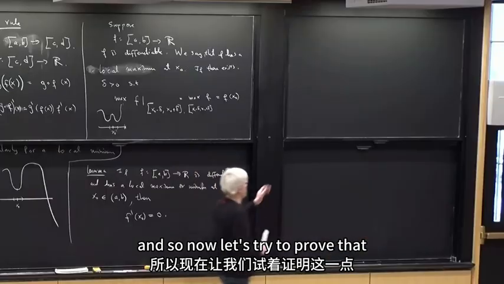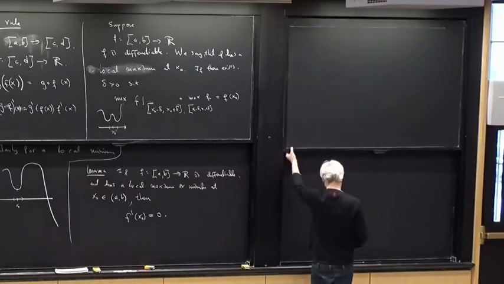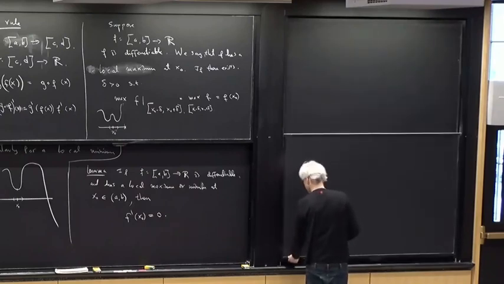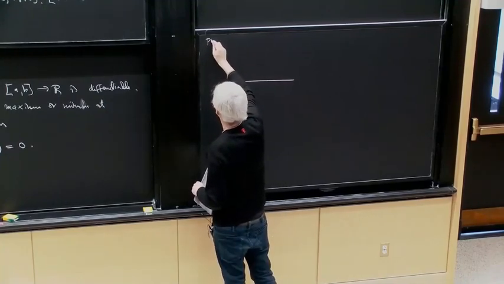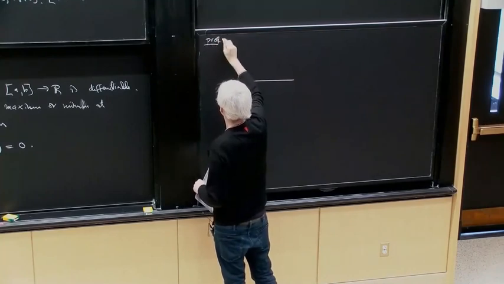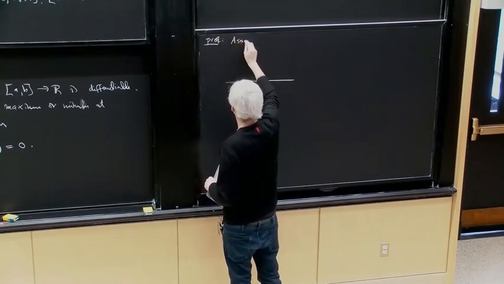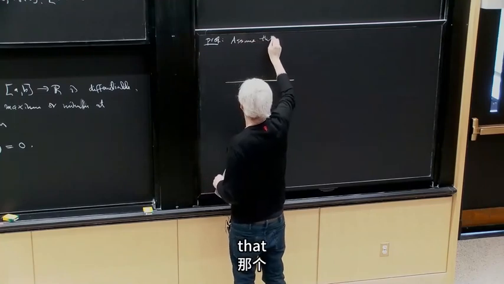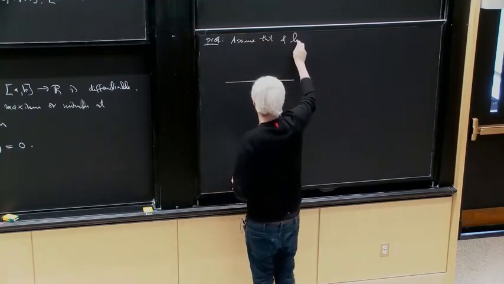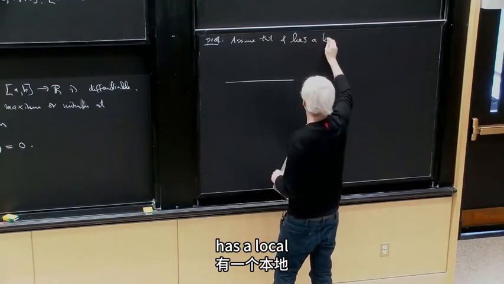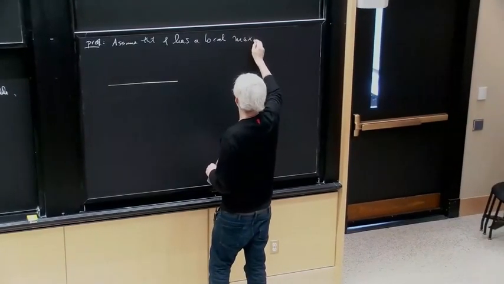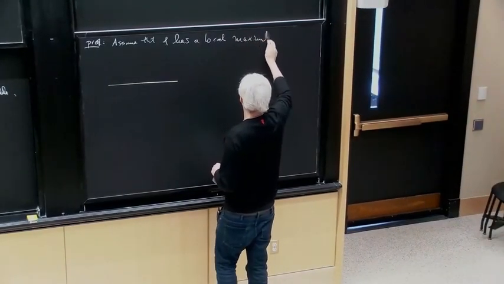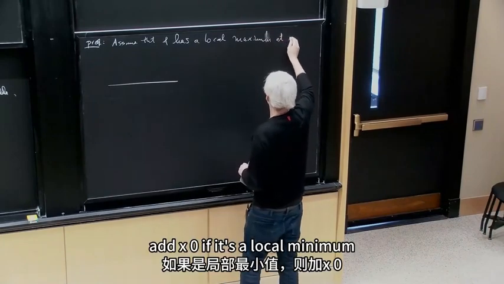And so now let's try to prove that. So let's just assume that f has a local maximum at x0.